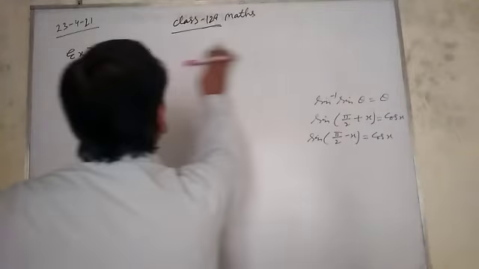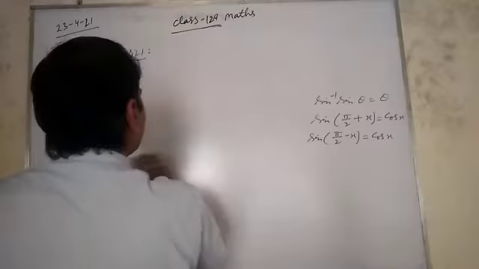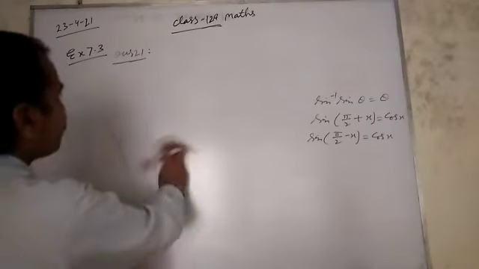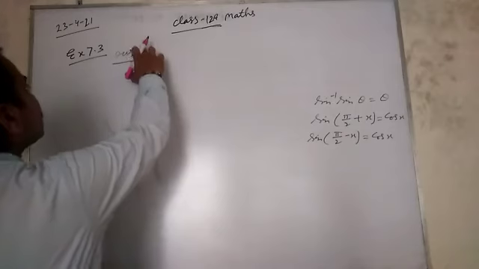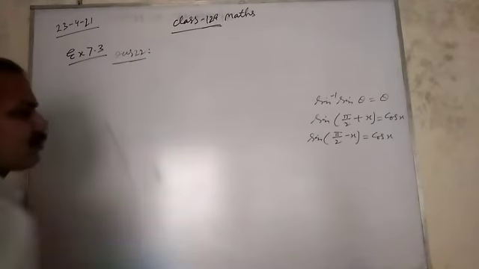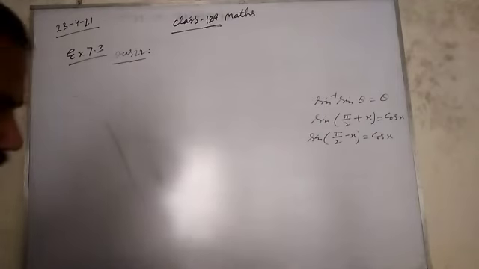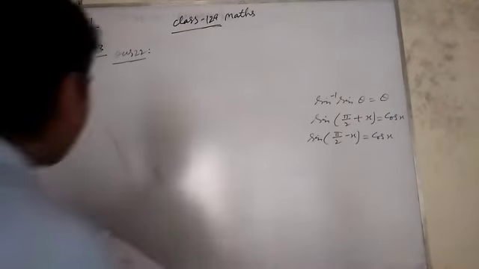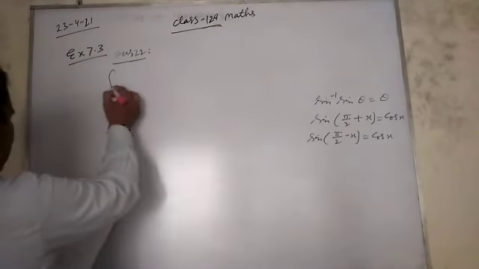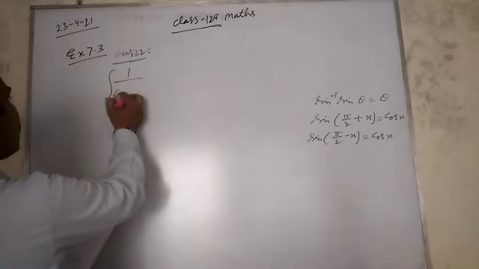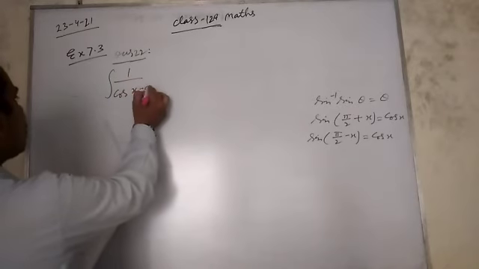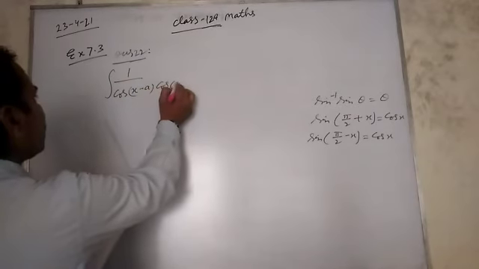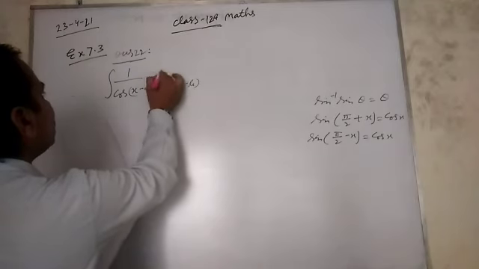Question number 22 is a most important question for the board exam. Like this there are 4 questions. Here I have given 1 question only; the remaining 3 questions I will give you for homework. Integral of 1 upon cos(x minus a) cos(x minus b) dx.